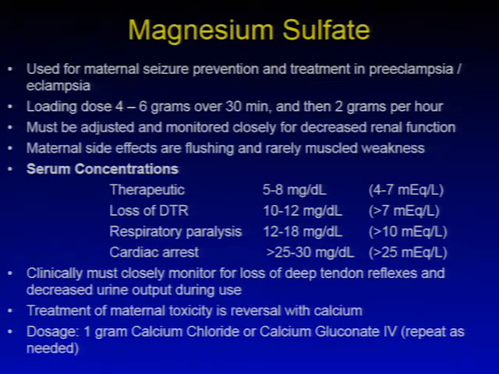Treatment of maternal toxicity is reversal with calcium, either 1 gram of calcium chloride or calcium gluconate, repeated as necessary until the mother has regained consciousness and is reflexive.